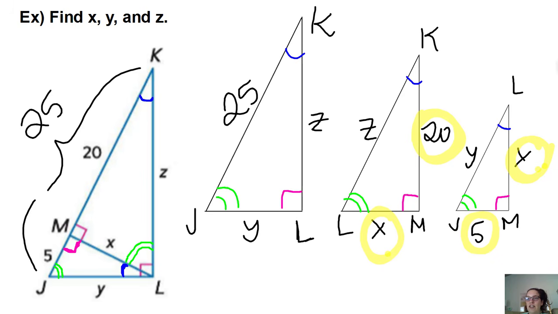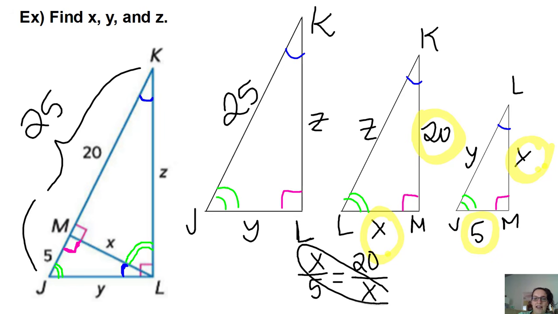I'm just going to set up a proportion. Left over right equals left over right. So x over 5 equals 20 over x. Now when I cross multiply, x times x is x squared, and 5 times 20 is 100.